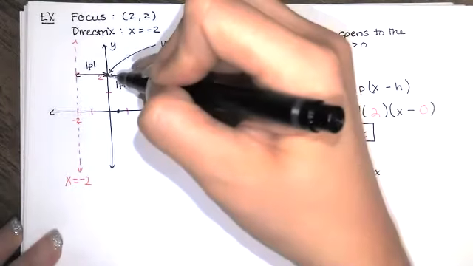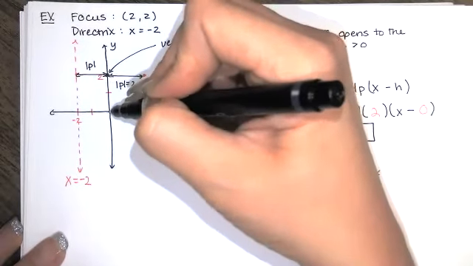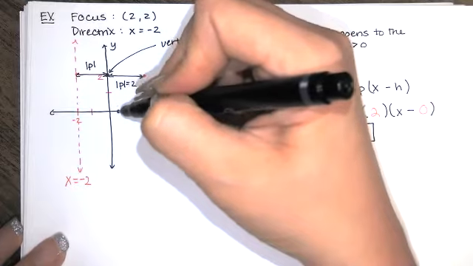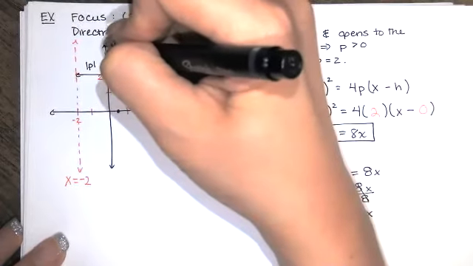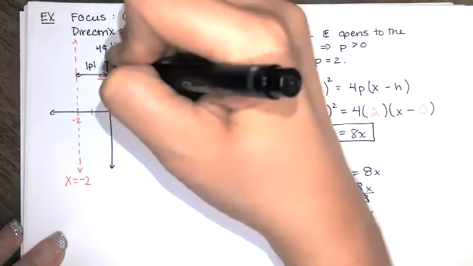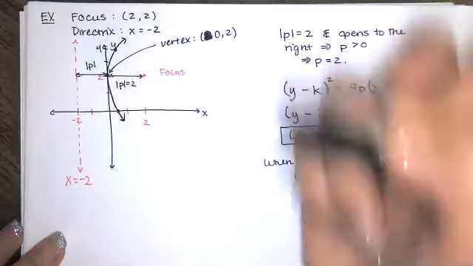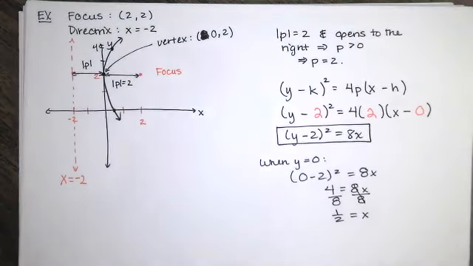And by symmetry, if I go 2 units in this direction, the x values increase by 1/2. If I go 2 units in this direction up to 4, the x values should also increase by 1/2. So we should have a parabola that looks roughly like that. Okay, so those are parabolas.